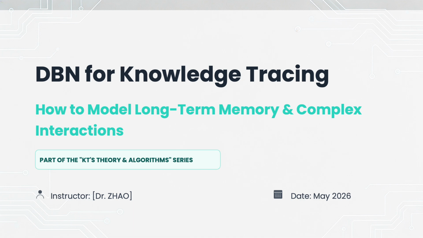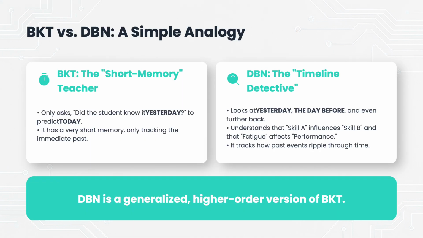Let's get started. To understand DBN, let's start with a simple analogy. Think of BKT, the model we learned before, as a teacher with a very short memory. Every day, this teacher only looks at the student's performance from the previous day to make a judgment. Now, think of DBN as a detective.